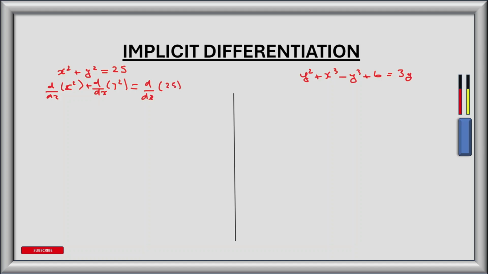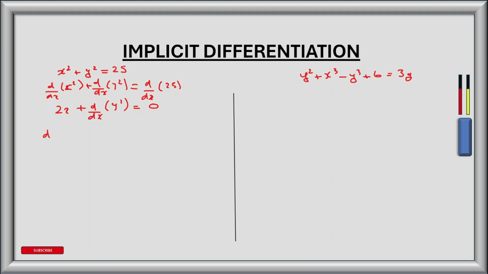Differentiating the x squared term is fairly straightforward. It's 2x. And also the constant term 25 becomes 0. But we want to differentiate y squared with respect to x. So how do we do that? We need to apply the chain rule to do this.